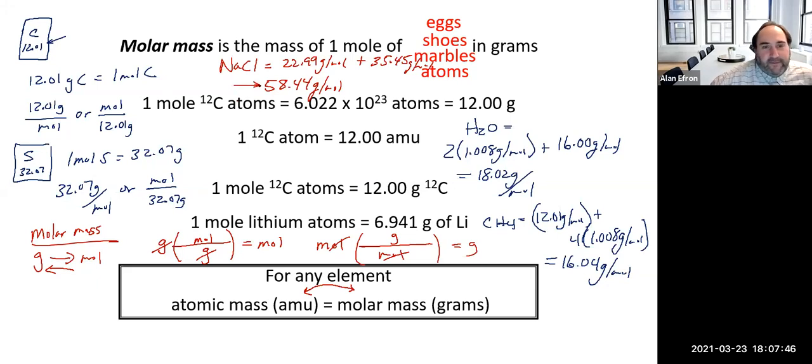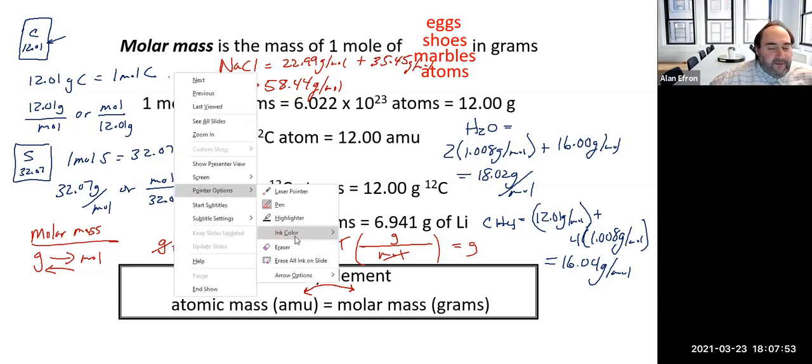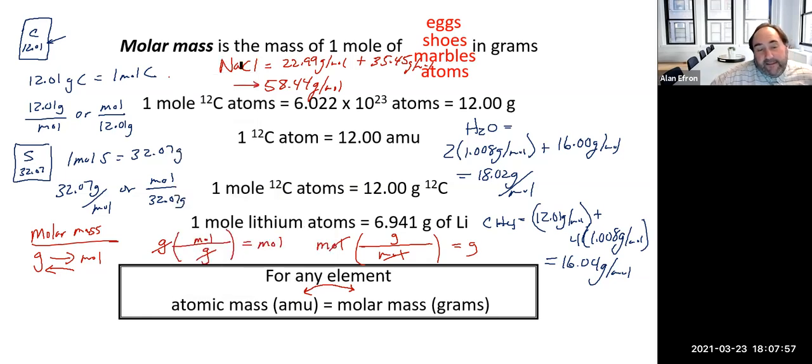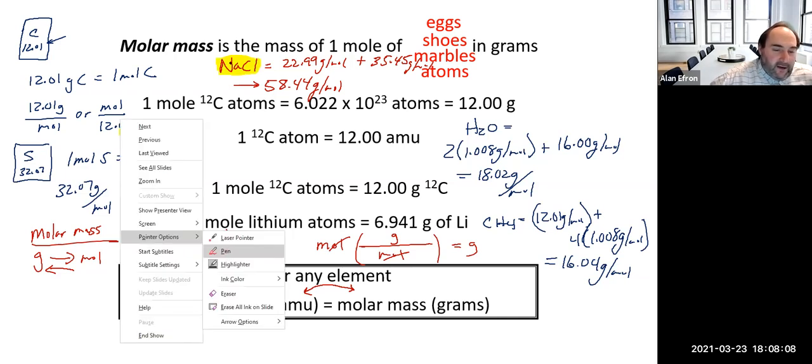Now, probably most of the time people will refer to this as molar mass. I'll refer to it probably as molar mass, and a lot of times people will do that. But sometimes people may not refer to it as molar mass, and the reason is because this is an ionic compound. Sometimes some people will use different names for things that are ionic.